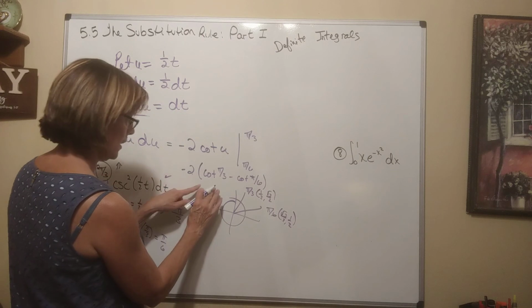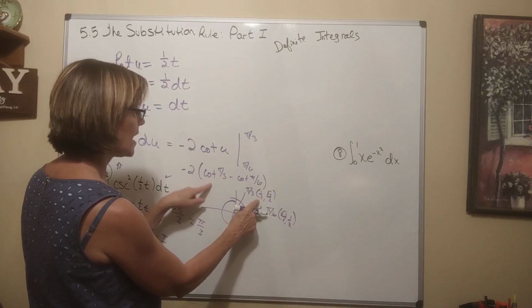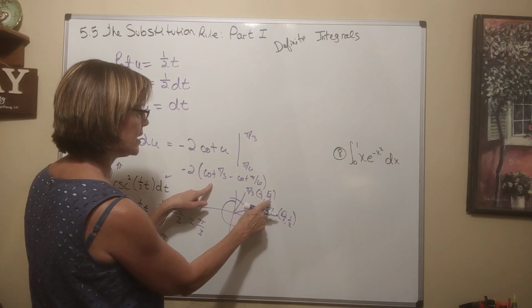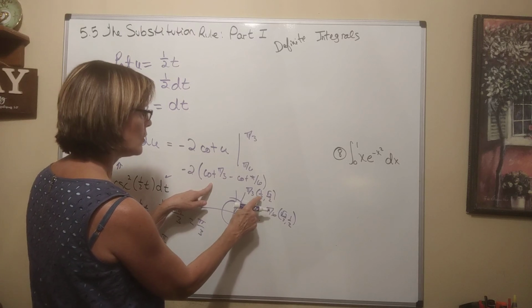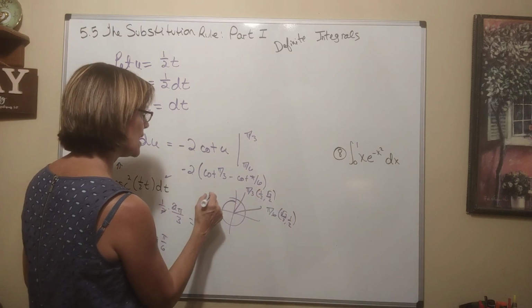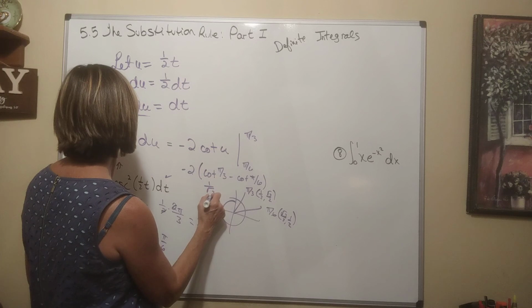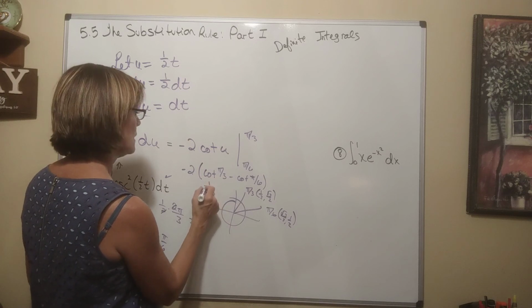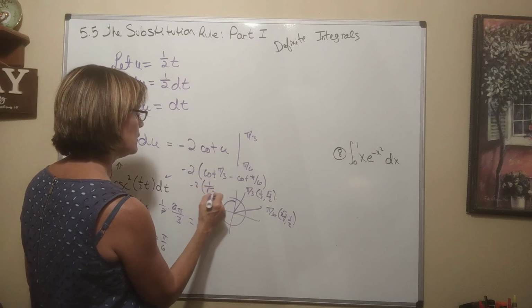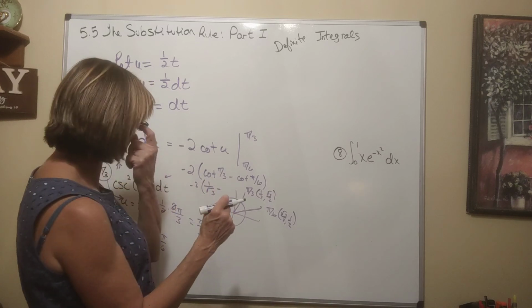So cosine of pi over 3 is 1/2. Sine of pi over 3 is square root of 3 over 2. So cosine over sine, if I flip this, is going to be 1 over the square root of 3. Okay, -2. And this is minus the cotangent of pi over 6.